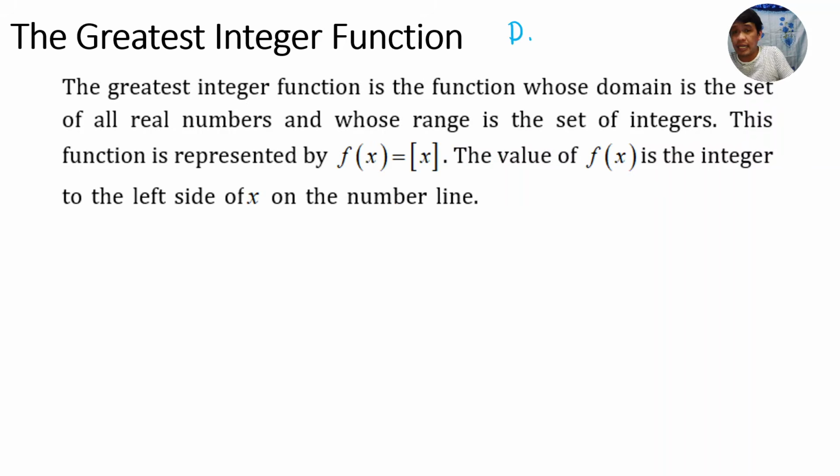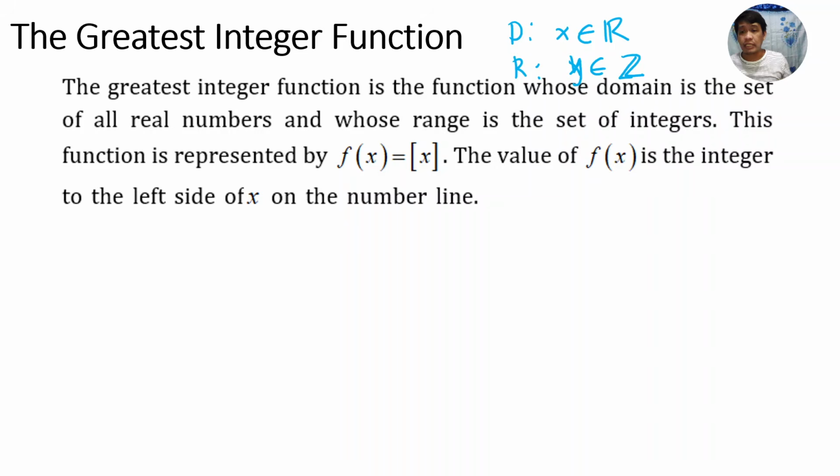So, let's say the domain D, X is a set of all real numbers, whose range, let's say R, Y is a set of all integers. So, meaning to say, sa madaling sabi, ang ating output ay laging integer. So, pwedeng positive, pwedeng negative, at pwede ring zero, na integers lamang.